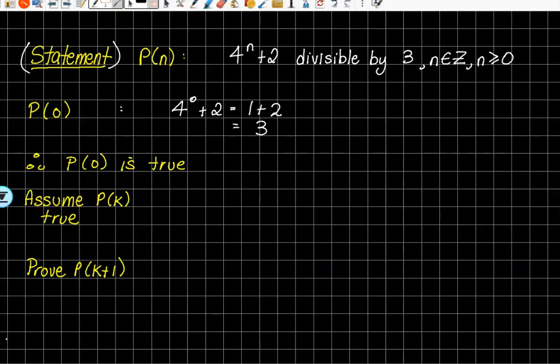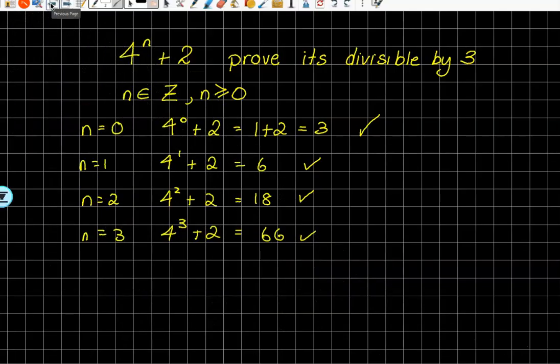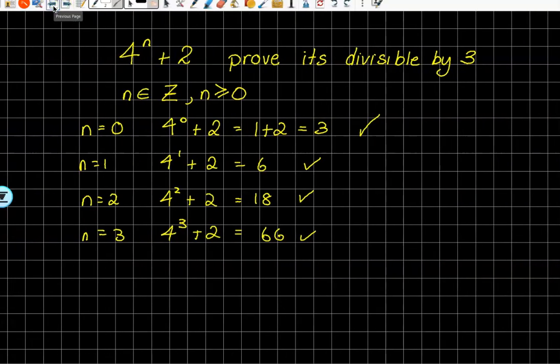Okay, so what we were saying in the section before, we were just going 0, 1, 2, 3, and proving it works every single time. What we are going to do is called the domino method. We're going to say, can we prove that this thing would be true for any value of n, whether it be the first 4 values or somewhere in the middle?